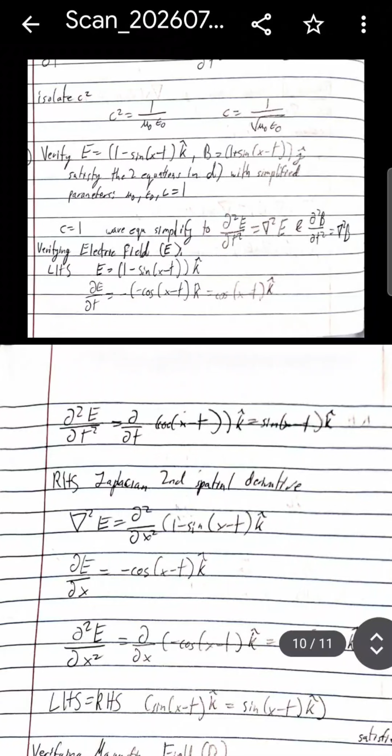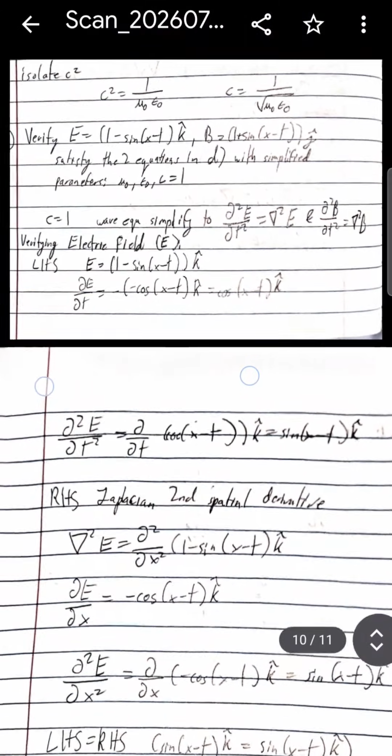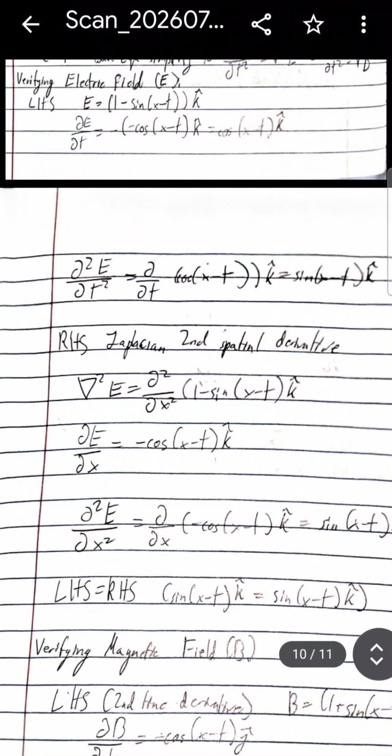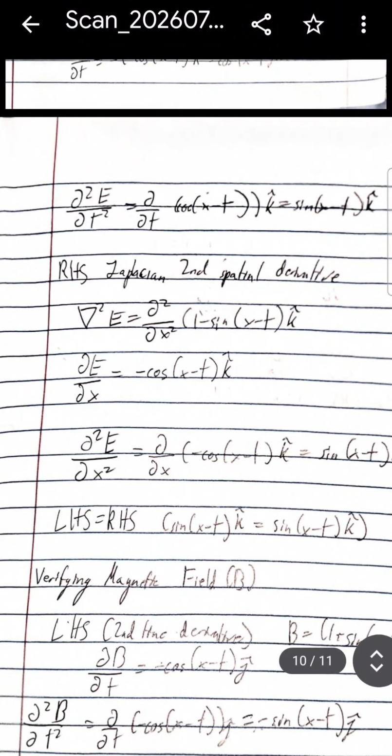Taking the second time derivative of our electric field function E yields sine of x minus t in the k direction. Taking a second spatial derivative via the Laplacian yields the exact same thing. Doing the same for the magnetic field function B gives negative sine of x minus t on both sides, confirming that both fields successfully solve the wave equation.